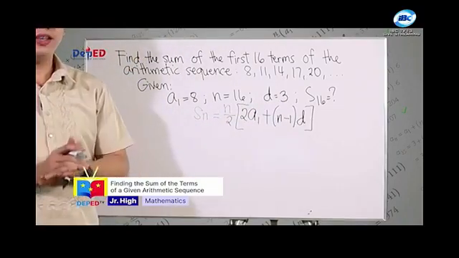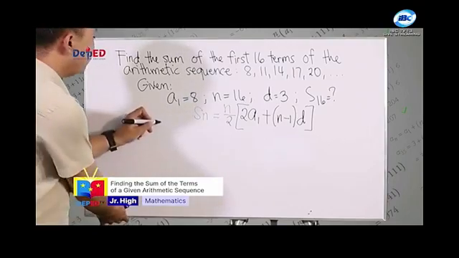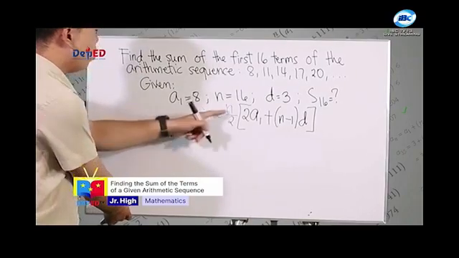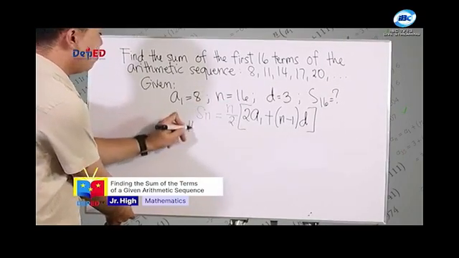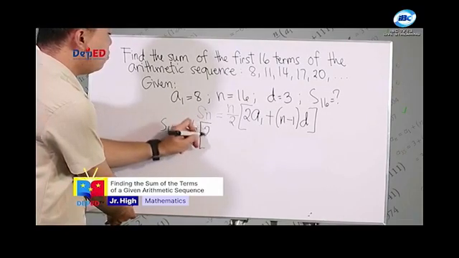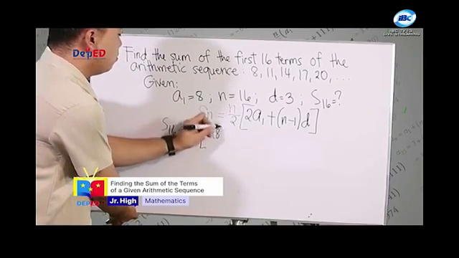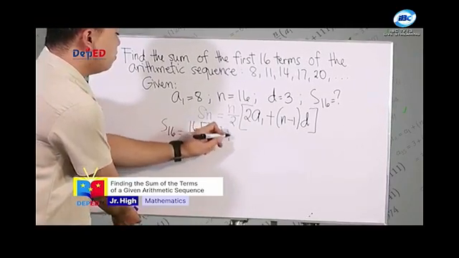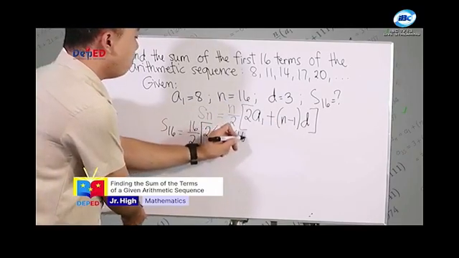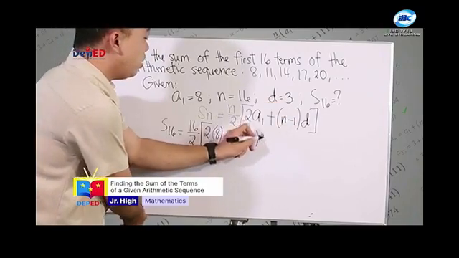By substituting the given values in the formula, we will have S sub 16 is equal to, our n is 16, divided by 2 times the quantity 2, our a sub 1 is 8, plus our n is 16 minus 1 times the difference, which is 3.